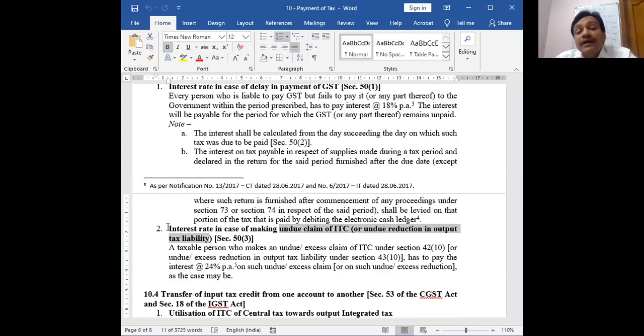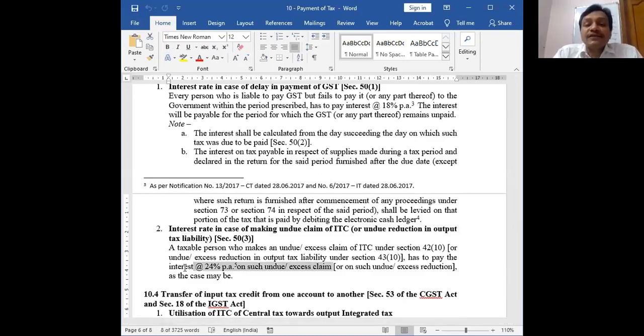Though I have paid the GST, I have taken wrong ITC while paying that GST, or I have fraudulently reduced my output tax. Then government says you have to pay that much of GST which you have not paid by taking the benefit of fraudulent means, along with interest at the highest rate. It is 24% per annum.